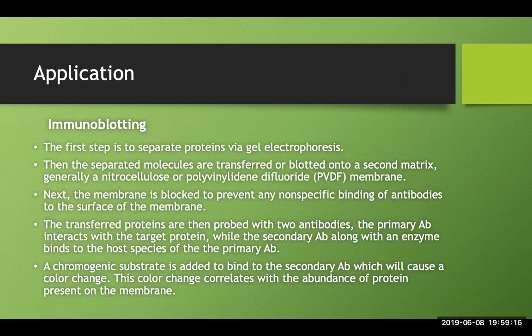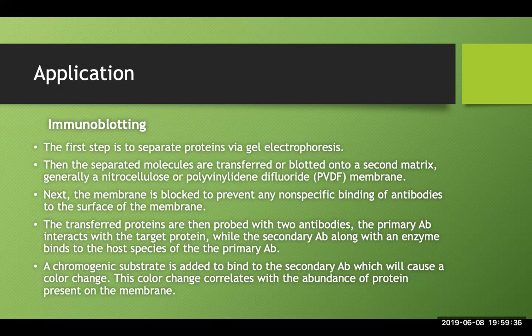This membrane is then blocked, which means that you prevent non-specific binding of antibodies to other proteins. You just want these antibodies to bind to the proteins that were transferred to this membrane.